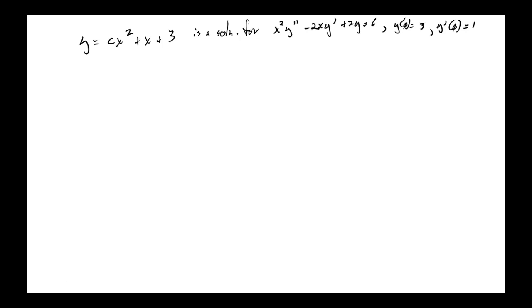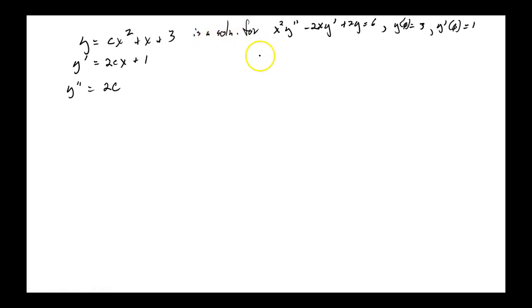So we're going to need y prime, which will be 2cx plus 1. That's enough. Then y double prime is equal to 2c. Done. All right, let's go back and plug in.